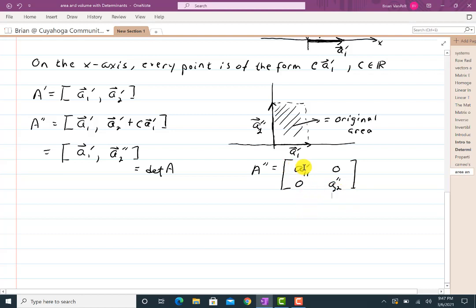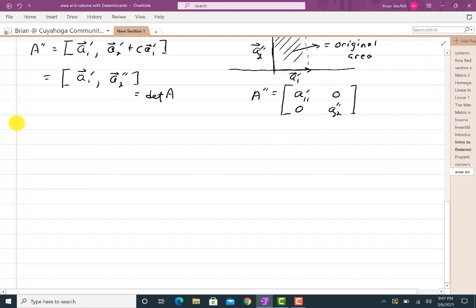So now it's easy to see that the determinant is just going to be the product of the diagonal entries. And as I said, throughout we haven't changed the determinant, and here it matches the area of the figure, because we know that when I multiply these two entries, I'll get the base times the height.